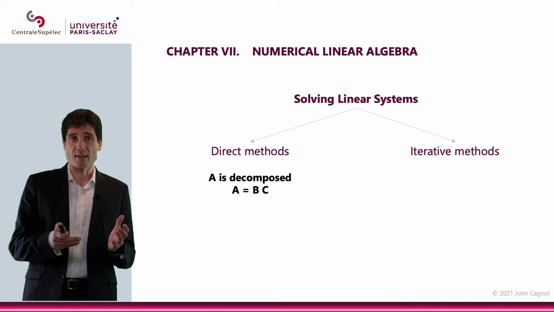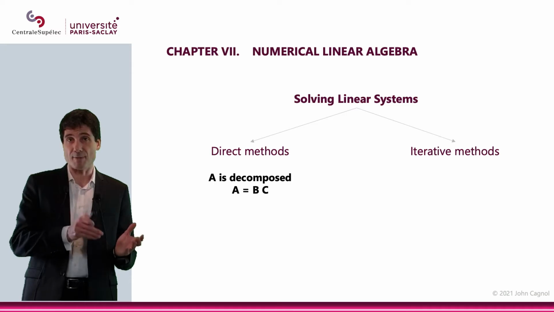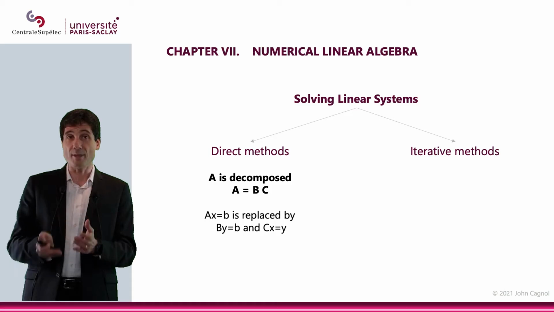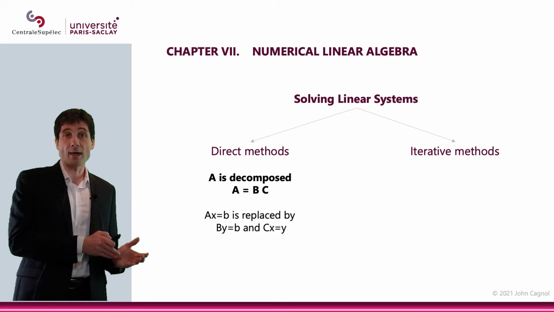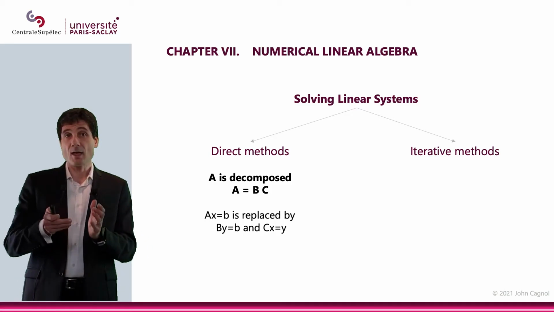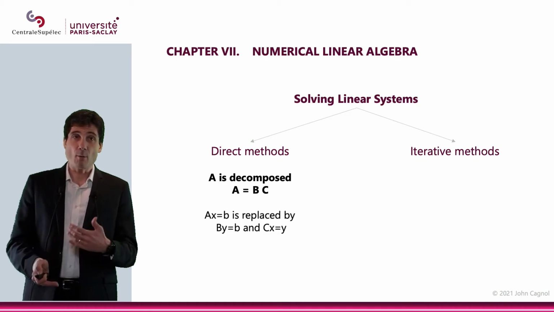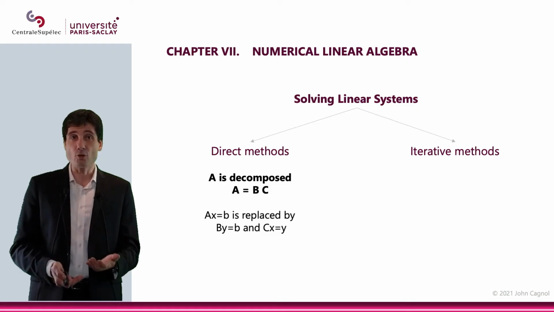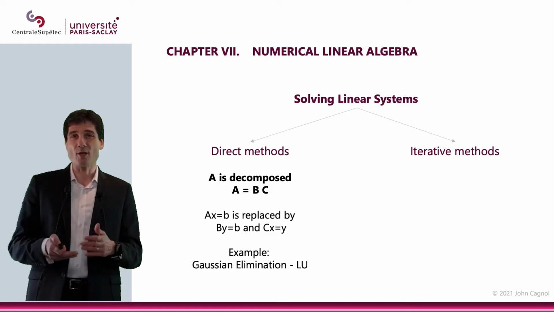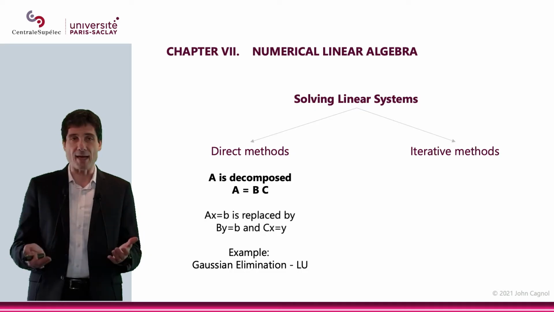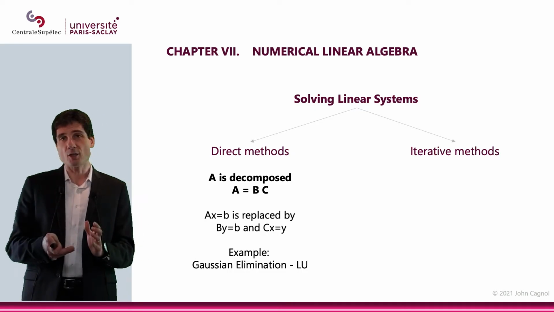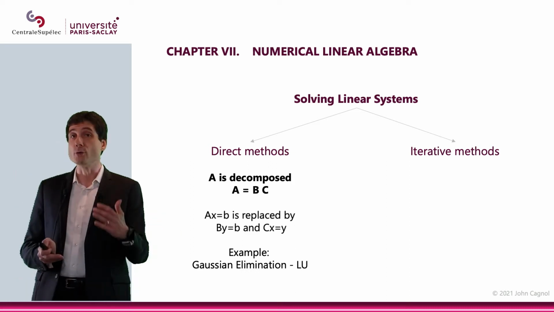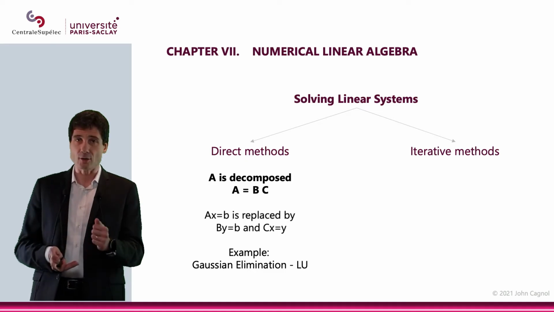You decompose your matrix into the product of two matrices, B and C, and then you replace the system AX equals small b by BY equals small b and capital CX equals Y. Now, when you do this, you can choose, of course, an appropriate B and C. Very often, you choose LU, which is a decomposition that is basically based on the Gaussian elimination. Just to go quickly here, I would say the direct methods is what you're used to with the Gaussian elimination.